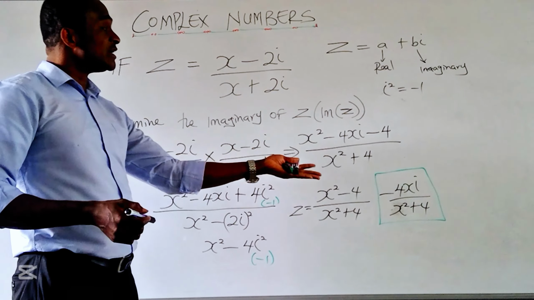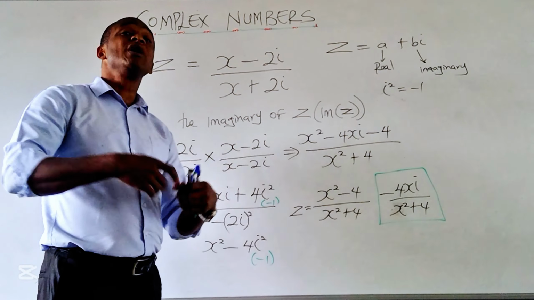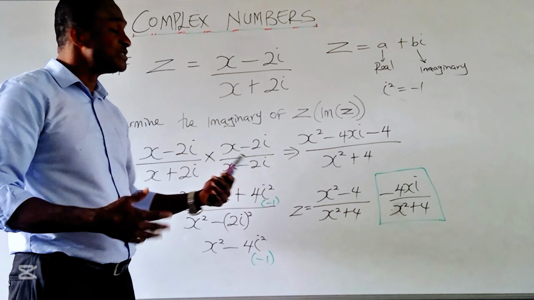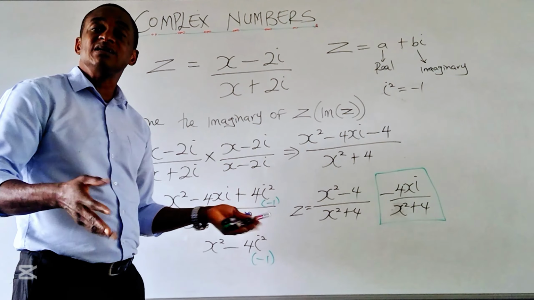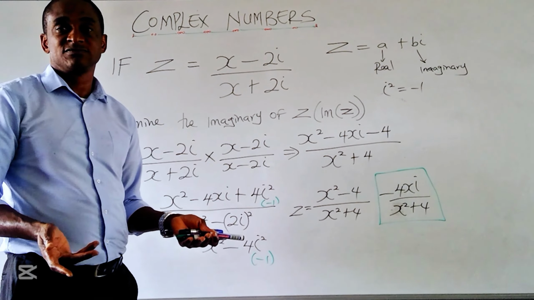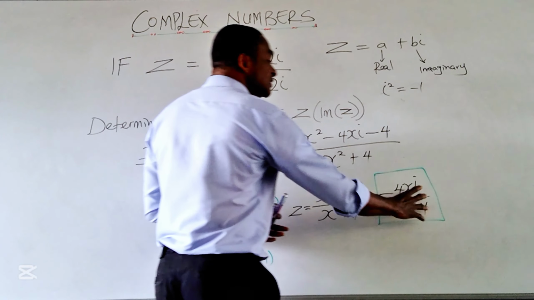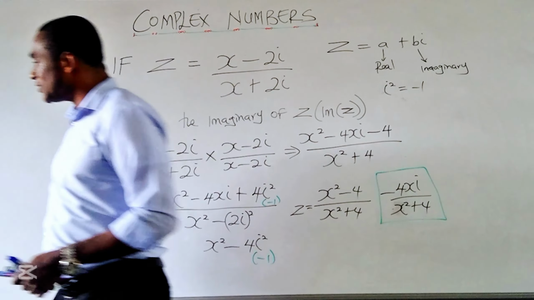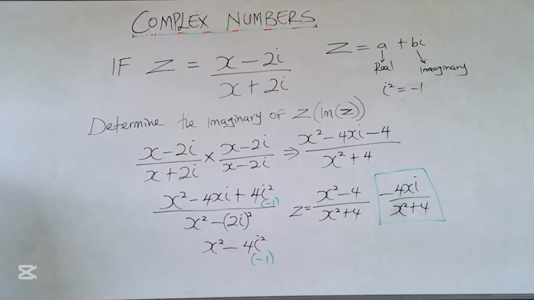Someone will say this is not a number. Yes, this is how we approach it. If we have a sub question that stems from this, you will see something like: if the imaginary part is equal to a half, figure out the value of x. All you need to do is to equate this whole part to a half. Let's even go there.